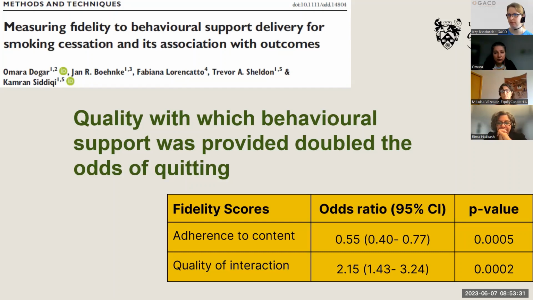And we found that the way the intervention was delivered, so the quality of the delivery of the intervention, where it was higher or better in the patient-provider sessions, the quit rates were doubled. And so what do you mean by quality? I would describe it as the way the intervention was communicated to the patient. So how useful it was in engaging the patient with the targeted behavior change, which was to quit smoking.